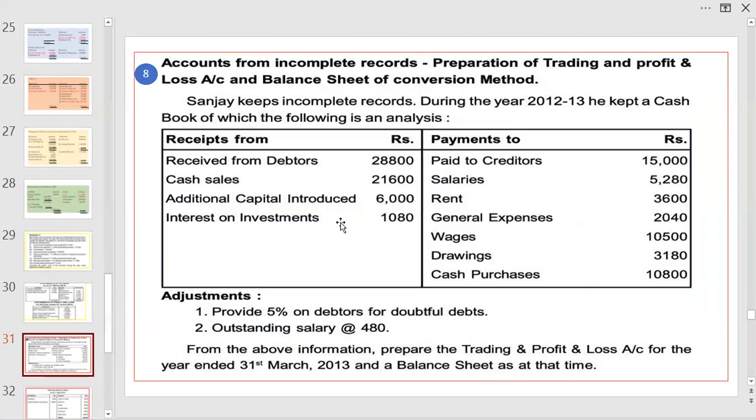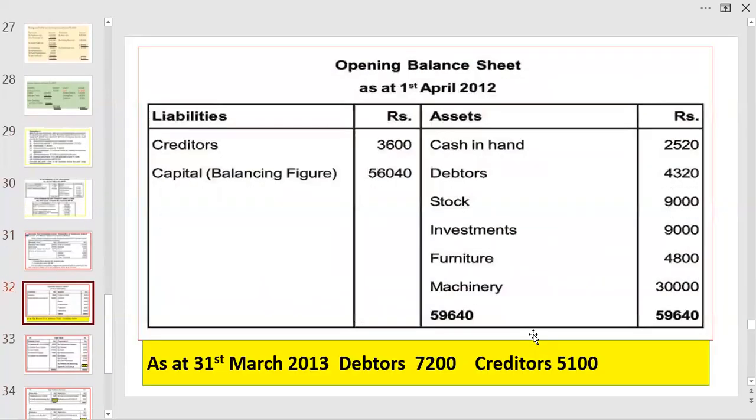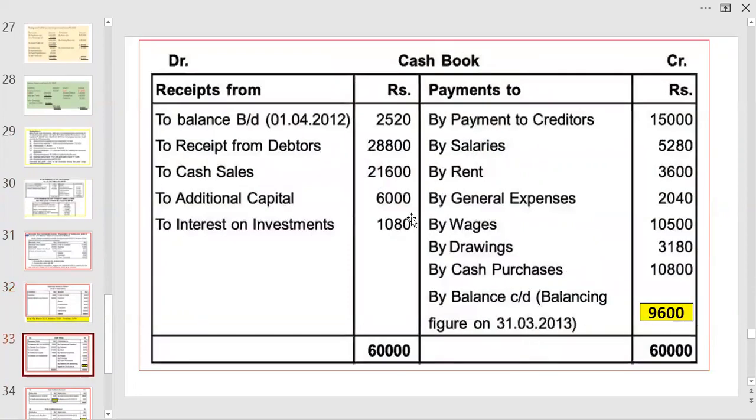The opening balance sheet and only the closing balances of debtors and creditors are given. As you would note, no cash balance is given, no credit sales and credit purchases are given. When you plot all the information given in the question into a cash book, you can arrive at the closing balance of the cash account.